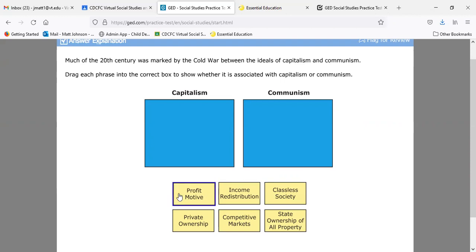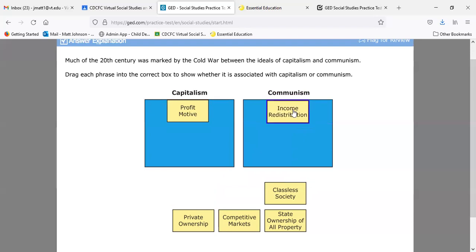So, profit motive. What do you think there that goes? Capitalism, communism. I think it's capitalism, right? Profit motive. Capitalism. Income redistribution. It's communism. Right.